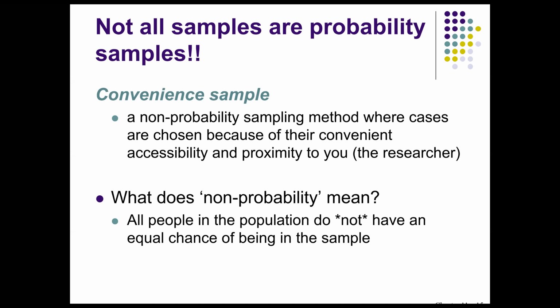And so a good example of a convenient sample is you want to study students at CSUN, but you can't easily take a probability sample, maybe because the university won't give you a list of all 40,000 students, and you can't randomly choose students off the list because you don't know who's a student at CSUN.